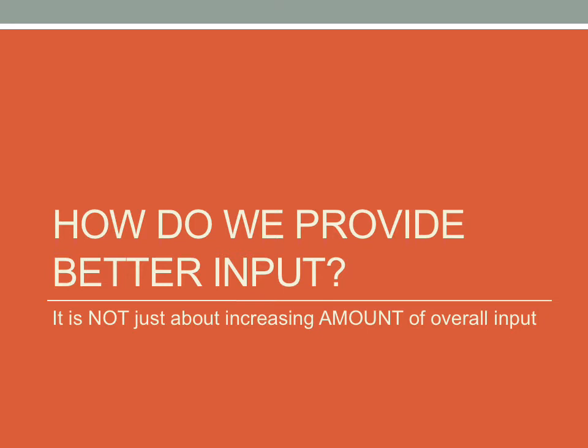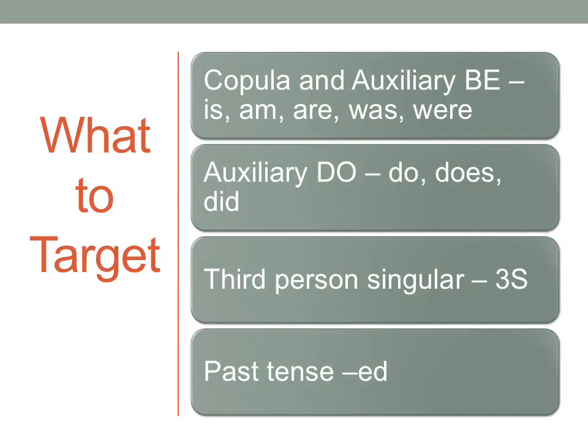What we want to focus on here is not just about increasing overall amount of language, although that can be helpful. We want to think about increasing the density of certain morphological markers and language structures.